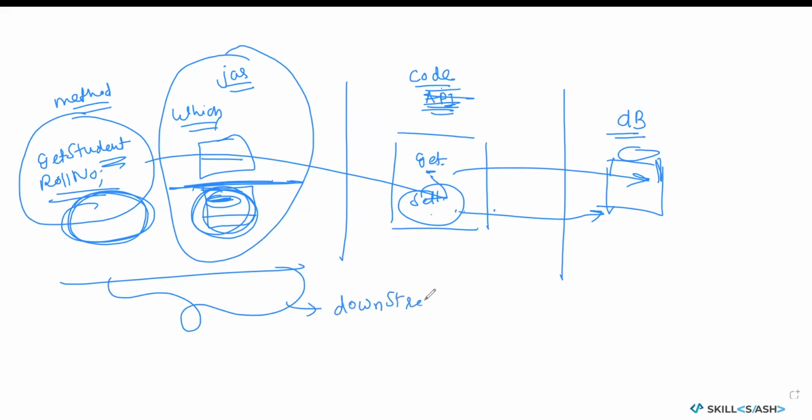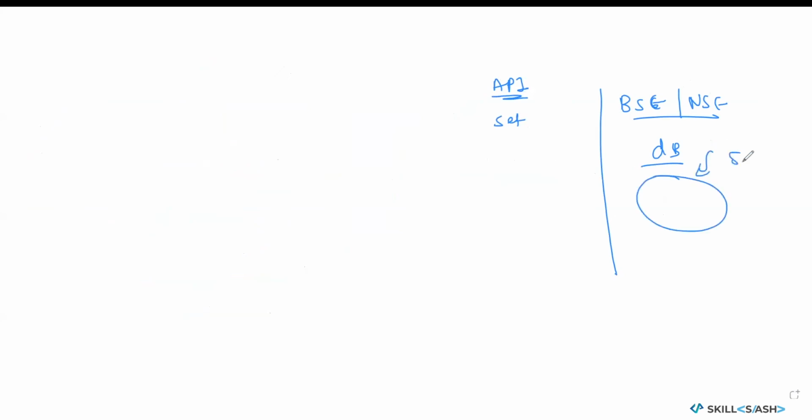Now I'll take an example of that. You have BSE data, BSE or NSE's database, and you are the API provider to set the data for all the stock prices.